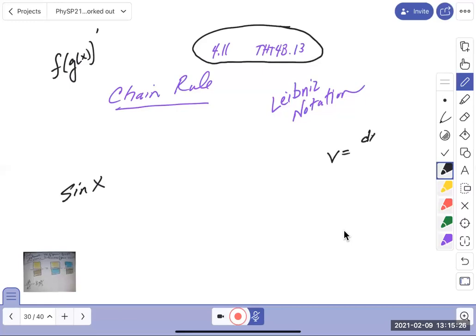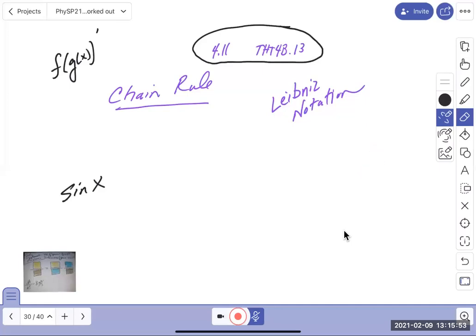V is dx/dt, so inside the velocity there's an x and there's time. These are symbols which represent fundamental variables put together in different ways. Force, energy, work, kinetic energy, all of those are suitcases we use.